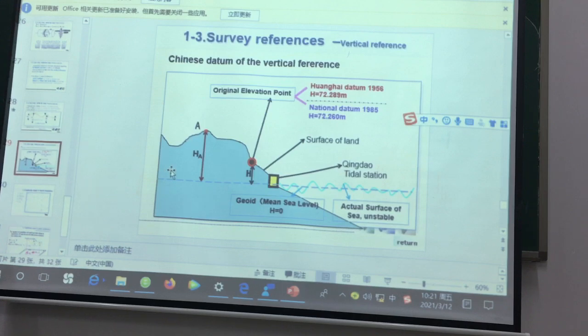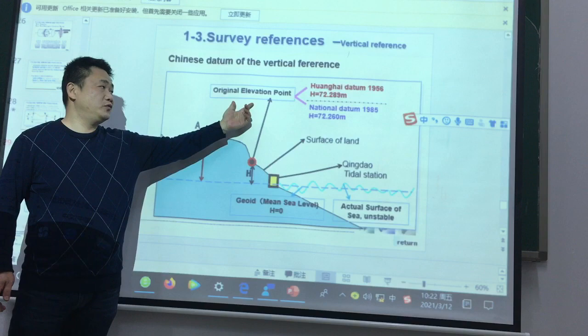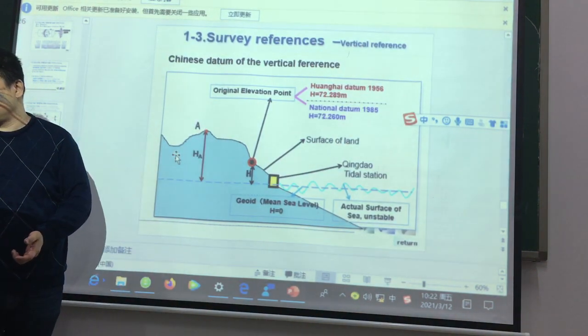Okay, for a country, for example China, if we want to establish the elevation control for the whole country, we must have one original elevation point. This point means locating the mean sea level position.